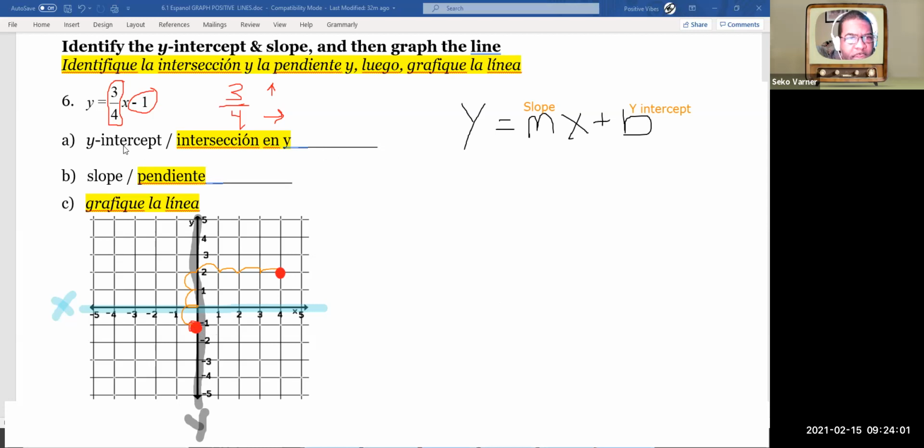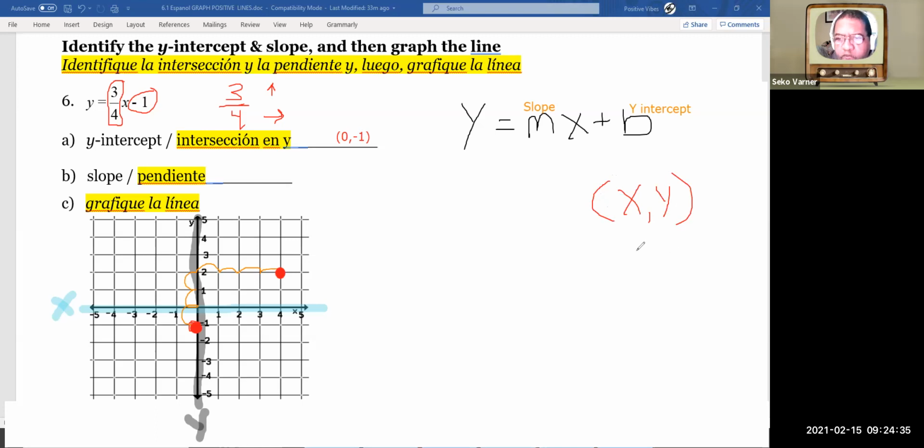Okay. So now we have the y-intercept, and because this teacher is actually asking me to write it in, what's the y-intercept? The y-intercept is -1. And remember, we're still using that ordered pair format. What's the ordered pair format? Ordered pair format is just going to be an x, comma, and there's going to be a y.